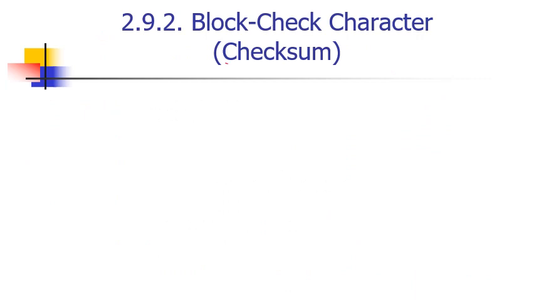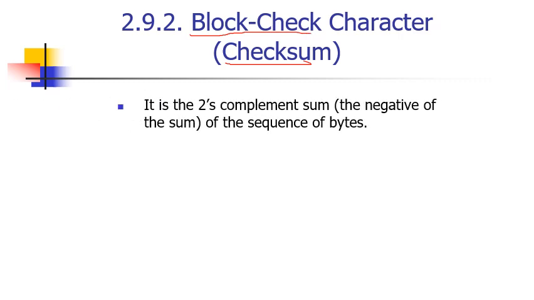Another technique is known as the checksum. So you check a block of characters. For example, when you send data byte by byte, the checksum takes, let's say, a few bytes, 4 bytes, adds them together, and sends with these 4 bytes a fifth byte containing the two's complement of the sum.